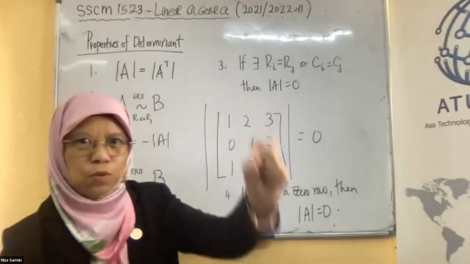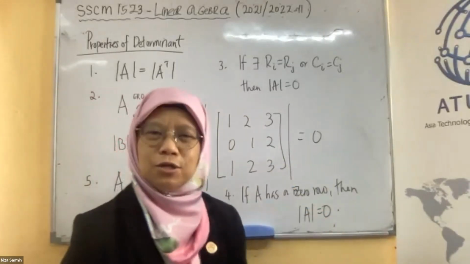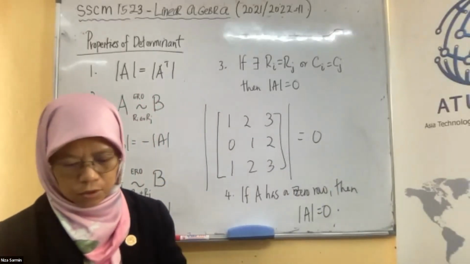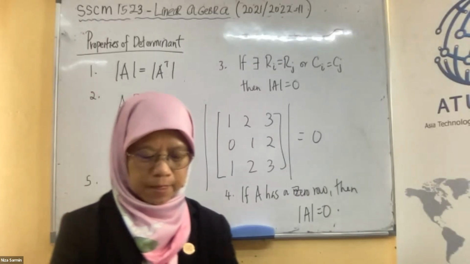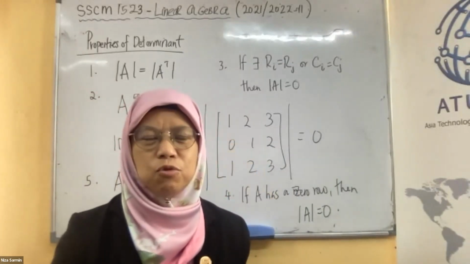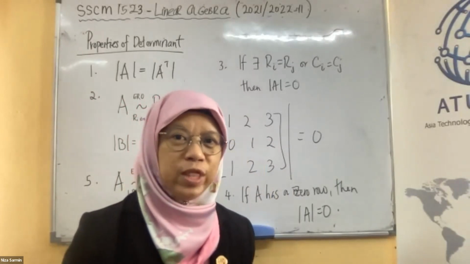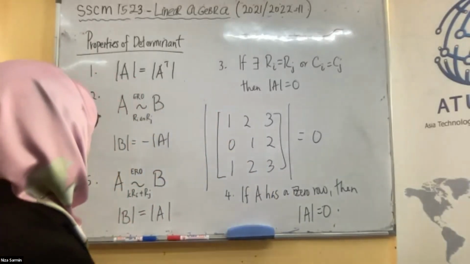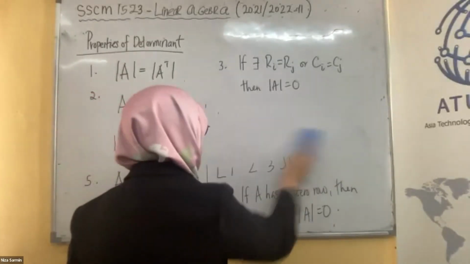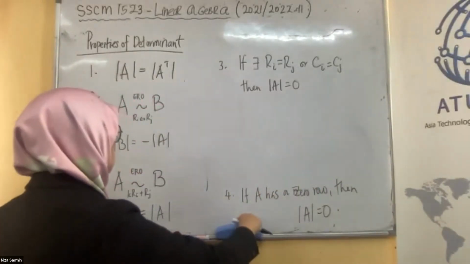Because then you will do one row operation and then choose that row and they all become 0. Okay. This last one is very important. You have to be very careful with the last one. Okay, this is number 4. Number 6.